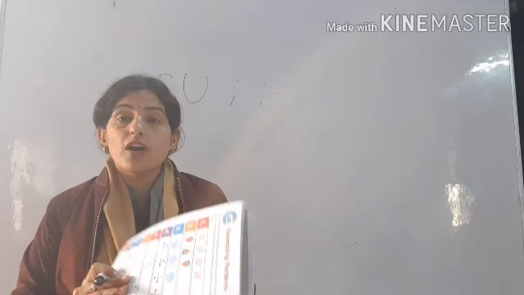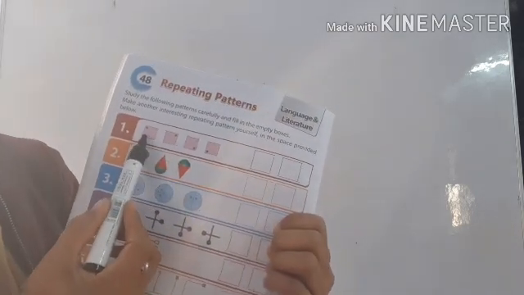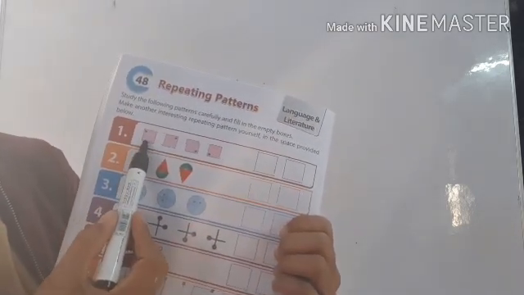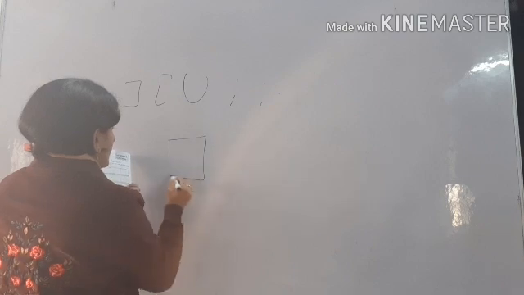So open your book and see page number 52. See the first picture carefully. Look at this picture. Yes students, look at this picture. So here you have been given this. Okay, I will show you on the blackboard or whiteboard.